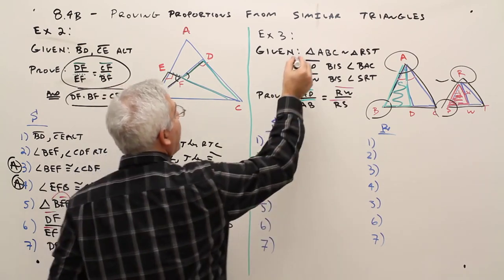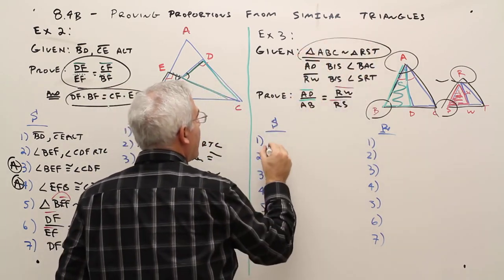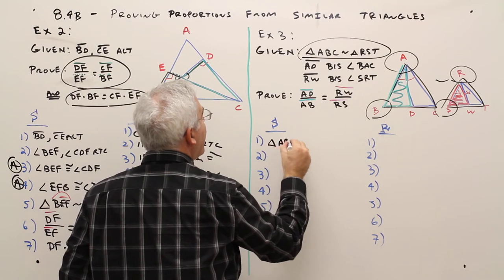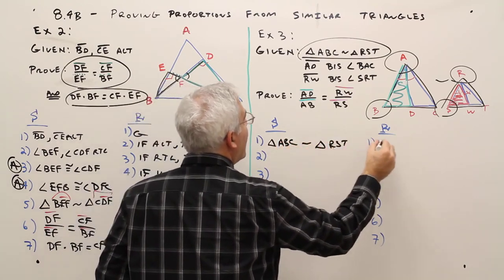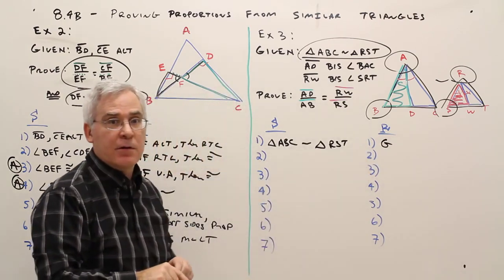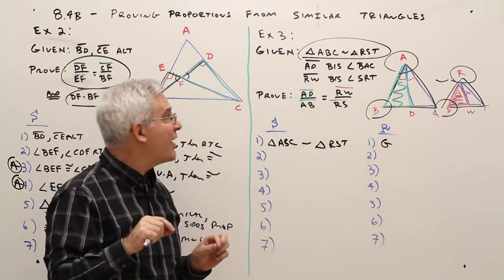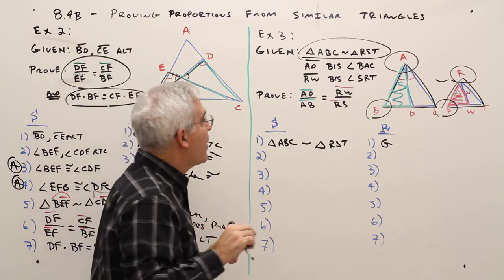Okay, so I'll start with this right here. So triangle ABC is similar to triangle RST. That was given. And based on that, I actually got two things to happen.